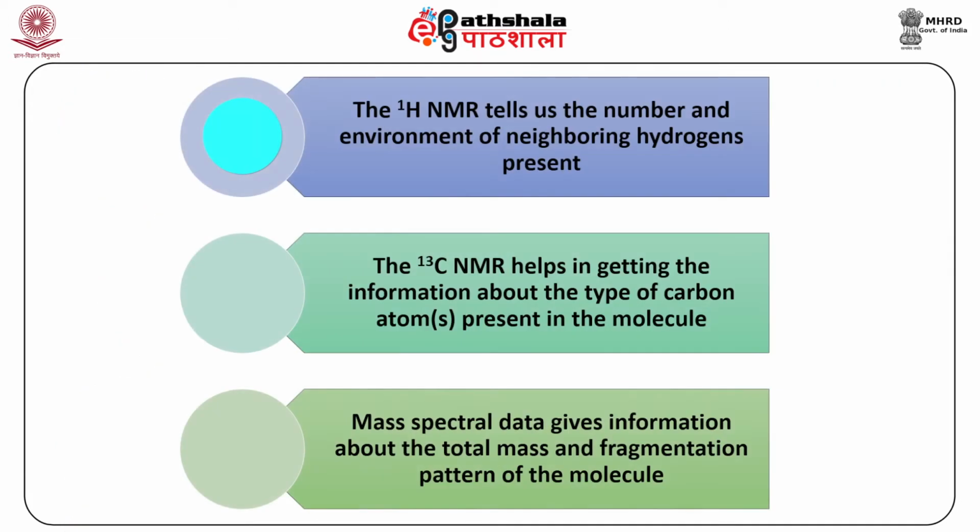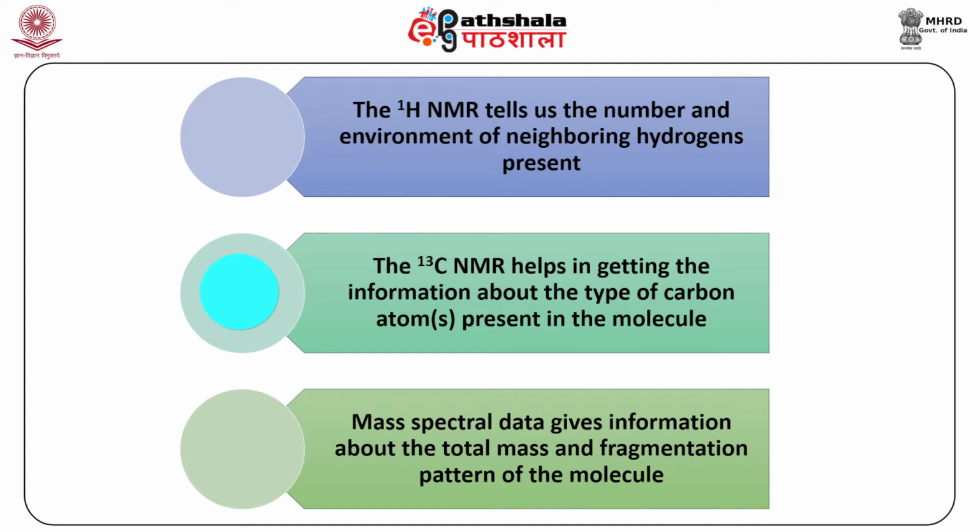Talking about the 1H NMR or the proton magnetic resonance spectroscopy, that will give you the number and environment of the neighboring hydrogens which are present in that particular compound. The 13C NMR spectra will give you information about the different types of carbon atoms present in the molecule.